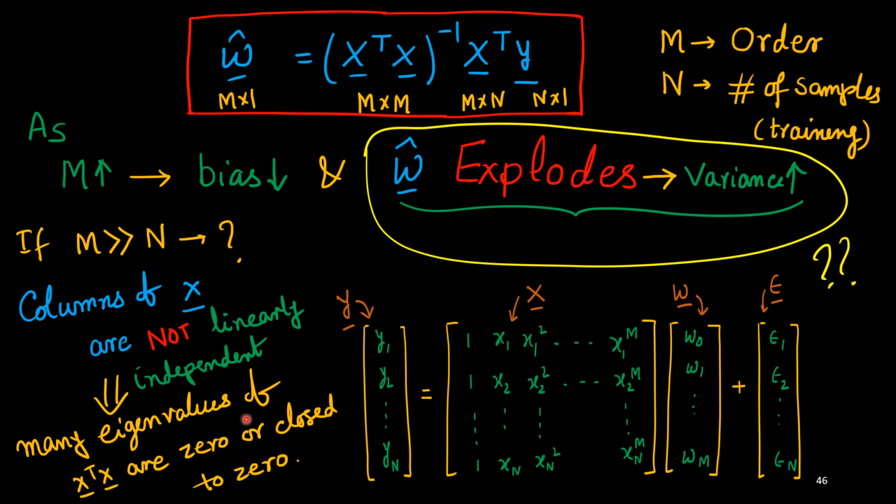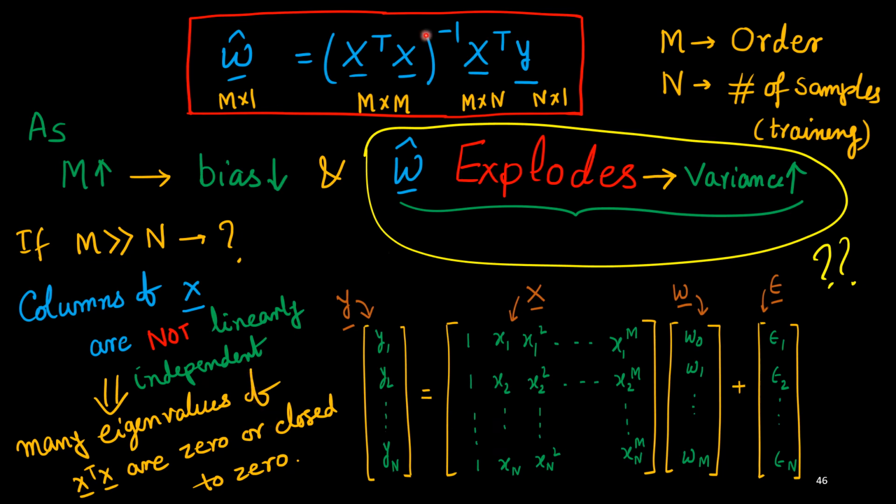Whenever you consider the inverse of that, the inverse will again be U, the inverse of that diagonal matrix, and U transpose. And the inverse of a diagonal matrix is the reciprocal of the eigenvalues. Reciprocal of eigenvalues means if an eigenvalue is 0, 1 upon 0 will become infinite. So that component will become infinite. As a result, this inverse will become almost infinite.